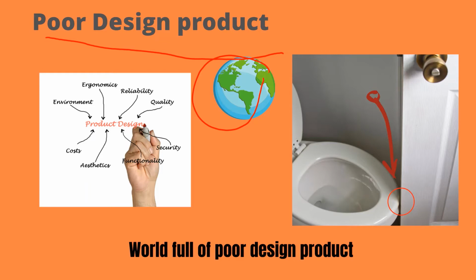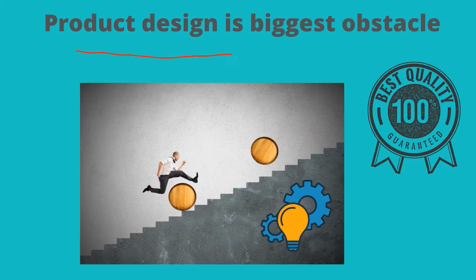Unfortunately, most of these companies, especially the big multinational companies, choose not to acknowledge poor design of their products. Product design is actually the biggest obstacle to achieving zero defects.